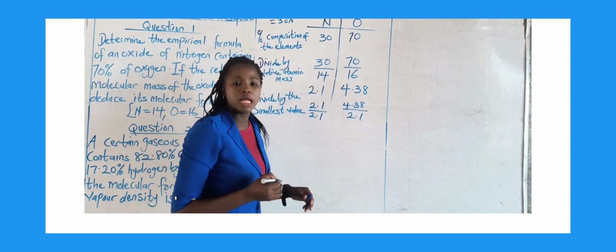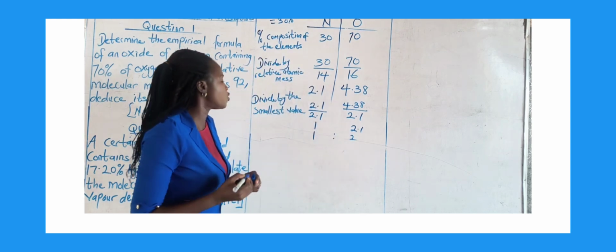That would now be 2.1 divided by 2.1. And this one will be 4.38 divided by 2.1. Good. Now if you go along with me, this will give us 1. And this one gives us around 2.1, or same as 2. That will be 1:2. Yes, that's what we have.